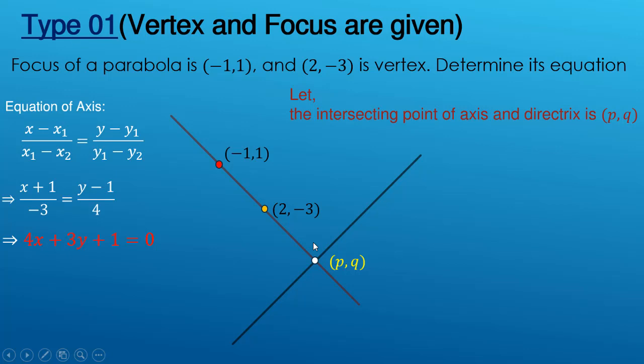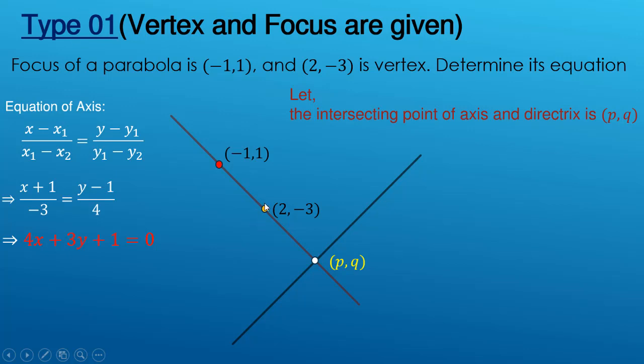Now we know the distance of focus from any point on the parabola. Look, this is the vertex (2, -3), and the vertex is on the parabola.